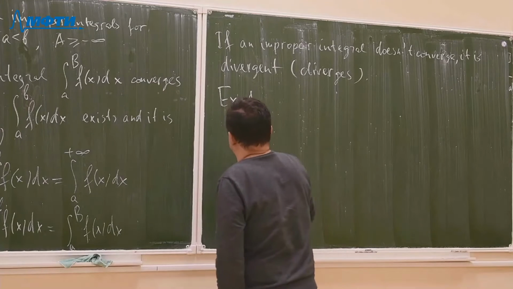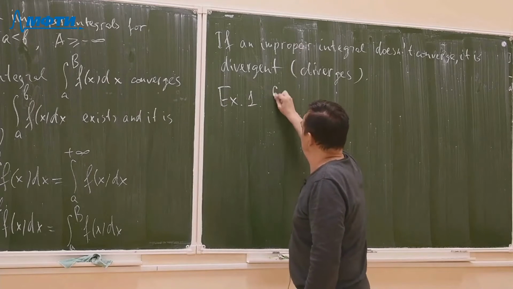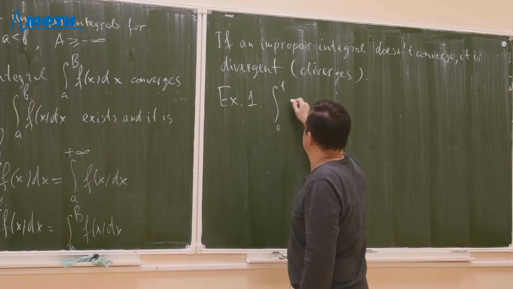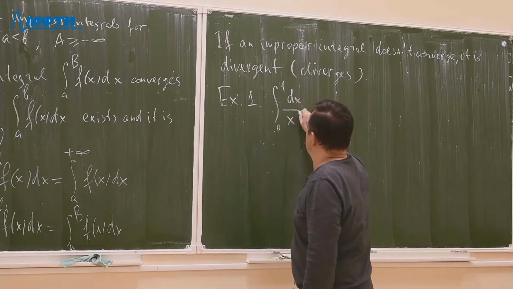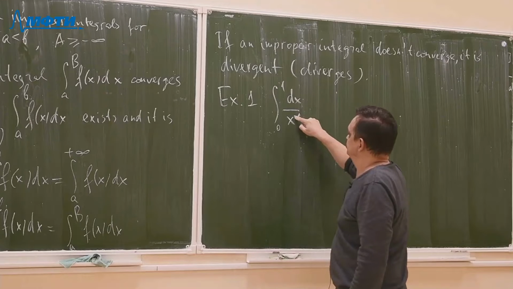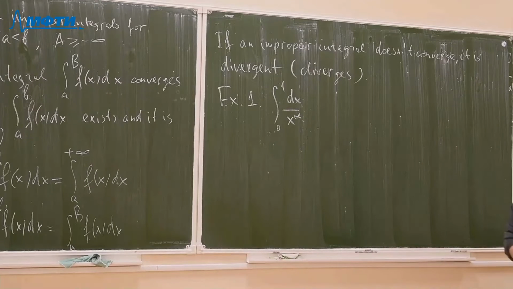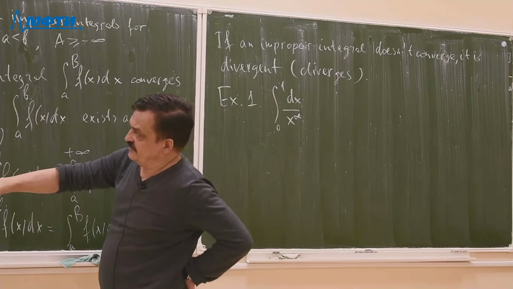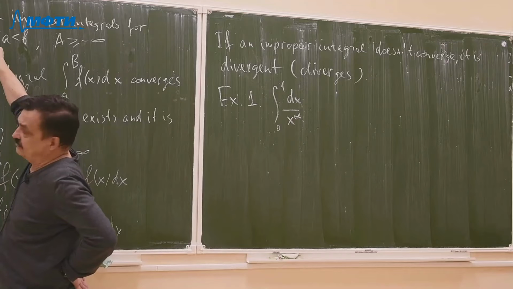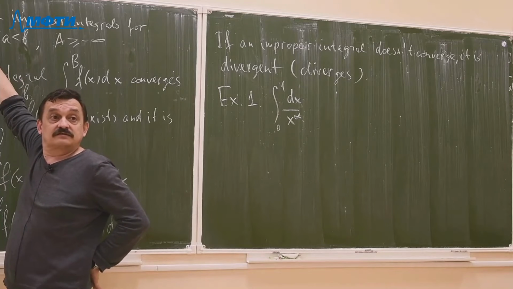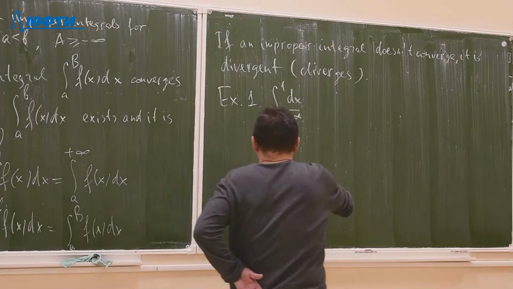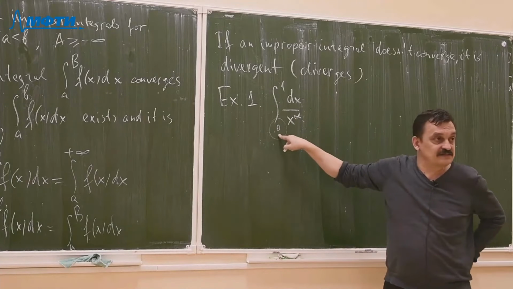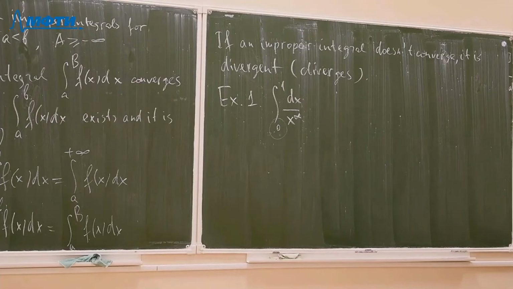Example 1. Consider integral from 0 to 1 dx over x power alpha. Look, this is an integral of the second type, but for this case. Why? Because the problem is near 0, right?